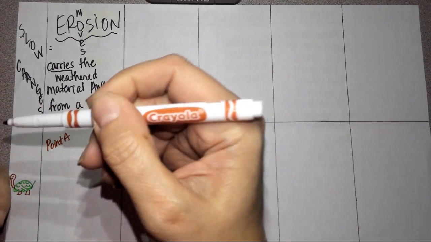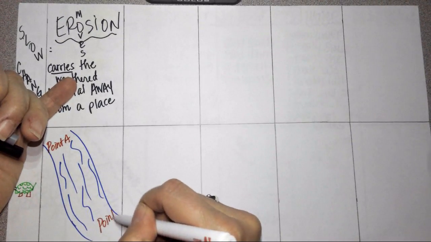So I've got point A, right? Going down, so my river's flowing, right? To point B. Okay?